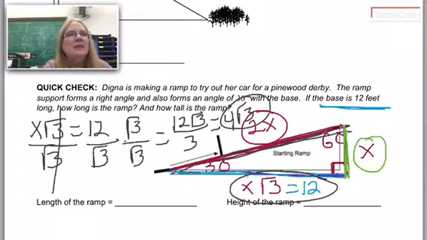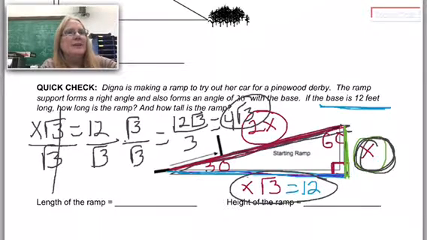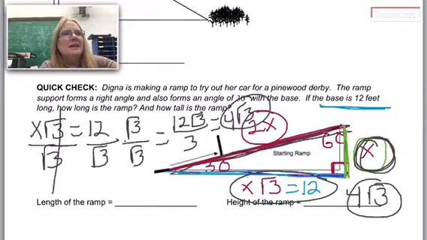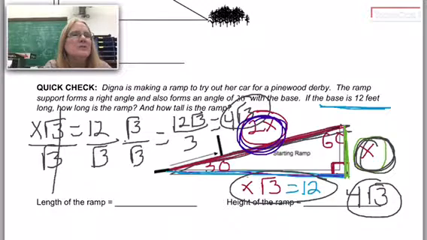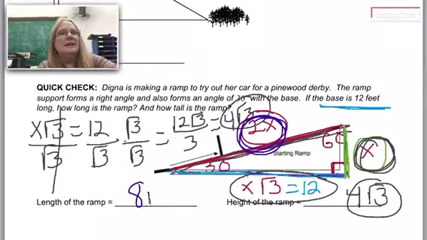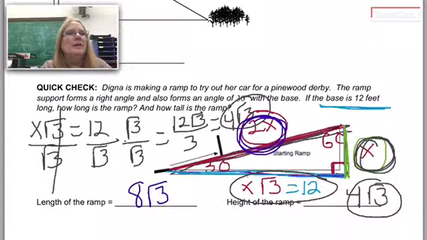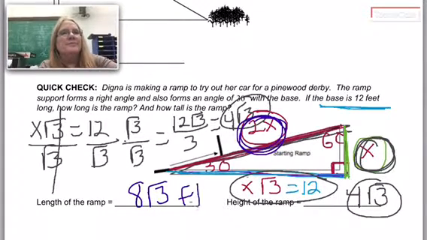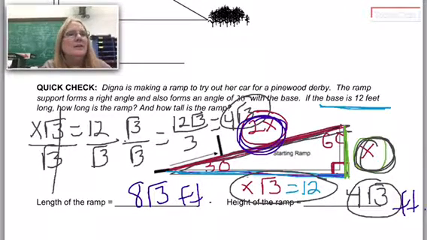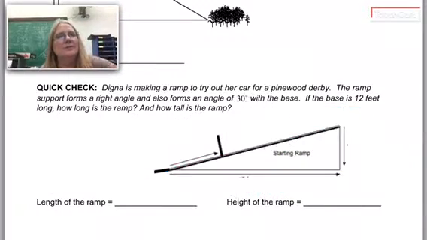So we just found x is 4 square root of 3, and this is x right here, the height of the ramp. So this is 4 times the square root of 3. Now the next thing they ask about is 2x. How long is the ramp itself? So if you multiply 2 times 4 square roots of 3, you get 8 square roots of 3. And these are feet. So it's 8 square root of 3 feet is the length, 4 square root of 3 feet is the height. Okay, let's look at the next one.